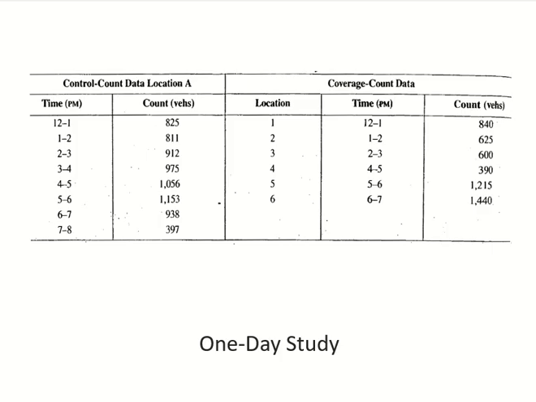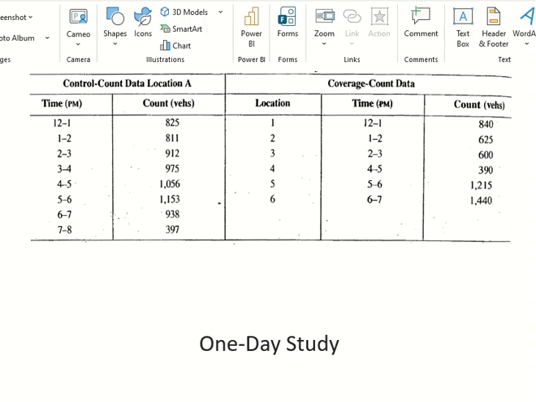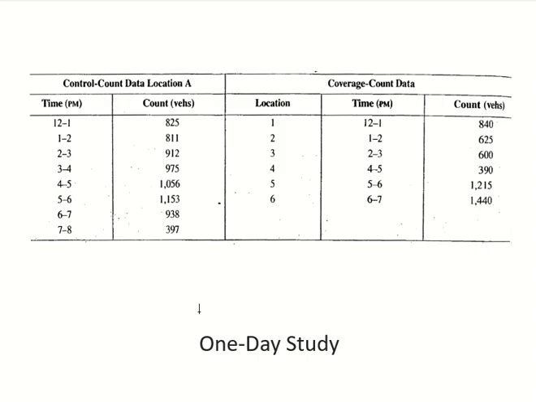Please keep this in mind as well. We will do multiple variations of the same problem. Whatever conversion I do with the other counts, the factors of conversion will always come from control. So first of all, I will go to the control count, which is location A, and I will calculate its total.